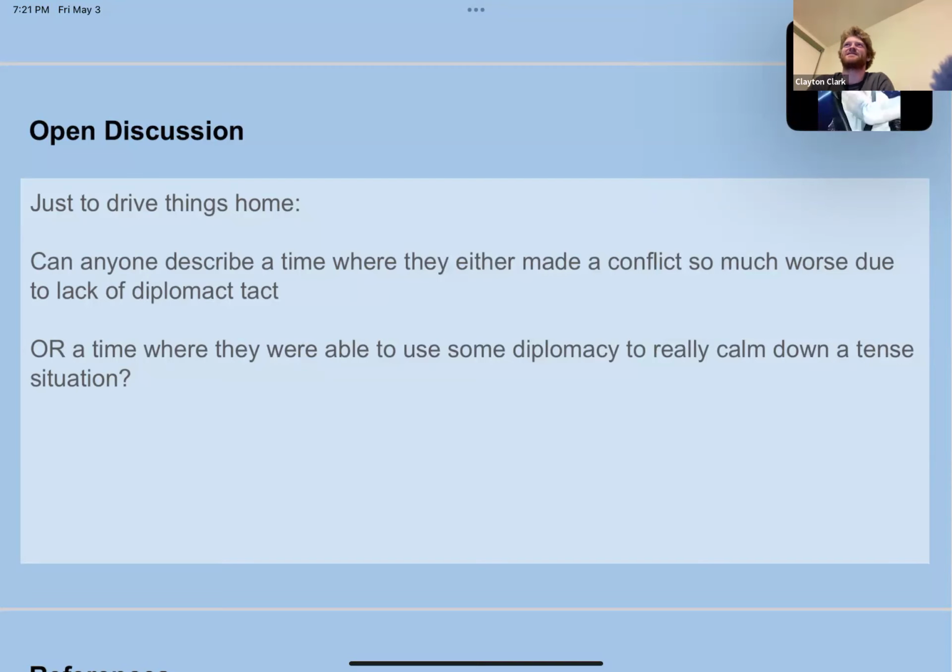I've noticed since I've started studying diplomacy that I actually have a lot of power to change things very quickly. So when someone's upset and I say, I understand that this is a difficult situation, but I'm here to help you, that makes a world of difference. Just showing that I'm there as a friend, I'm there to help.